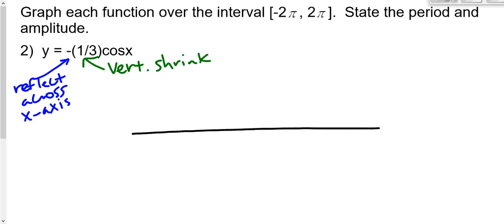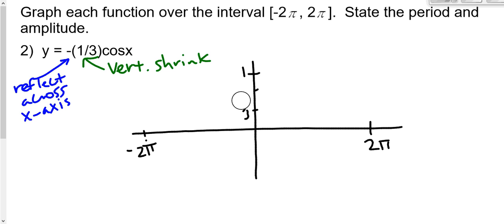So we can go ahead and start our graph, going to 2 pi and negative 2 pi. If this is 1, then I want to mark 1/3. And then down here we have negative 1, so we want to mark negative 1/3.